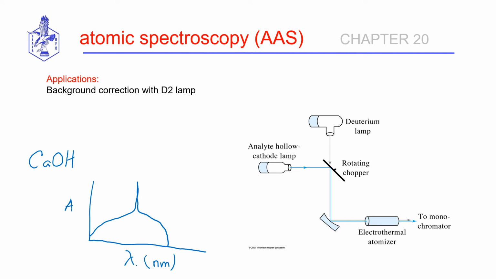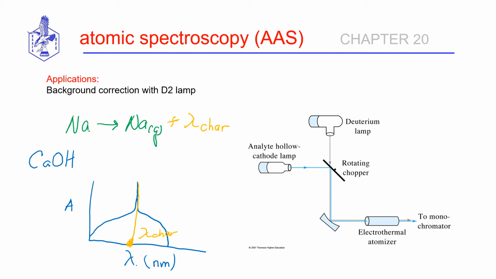Okay, so if I have my analyte species of interest, let's say we're doing sodium, and I get it up into the ground atomic vapor state, and I hit it with the characteristic wavelength of sodium using a sodium hollow cathode lamp, this absorption right here is my characteristic wavelength of sodium.